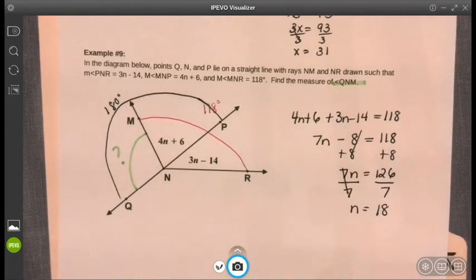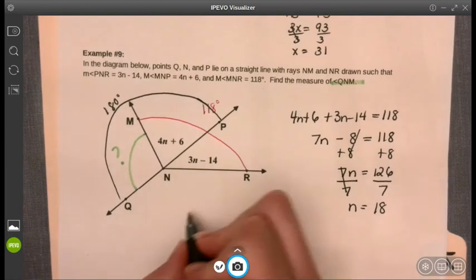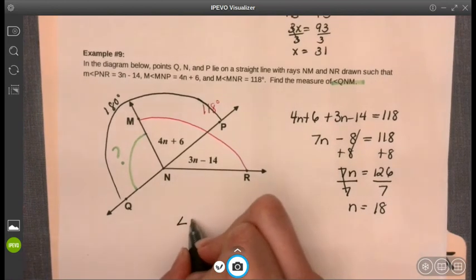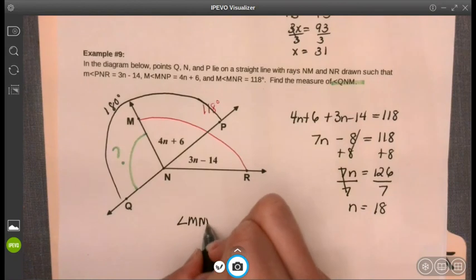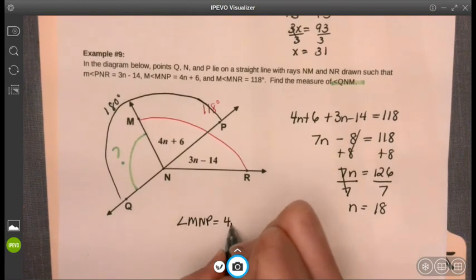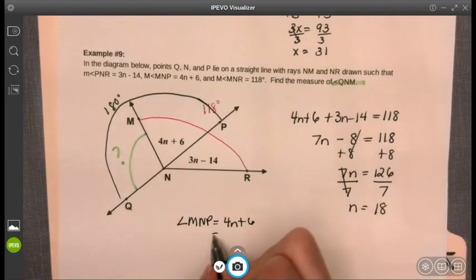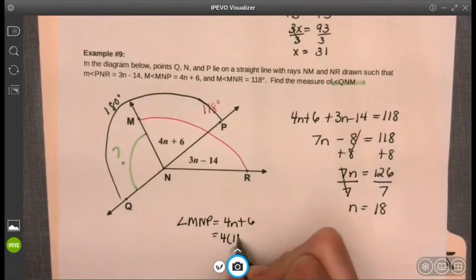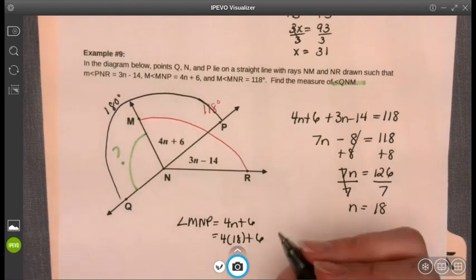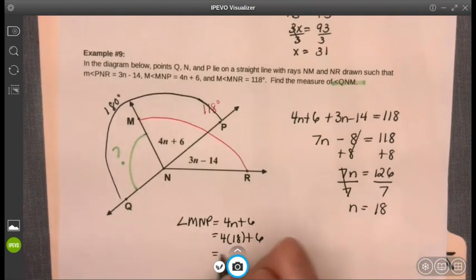If I know that n equals 18, I now know that if the measure of angle MNP was 4n plus 6, I can substitute 18 in place of the n. So 4 times 18 is going to give me 72, and then 72 plus 6 will give me 78.